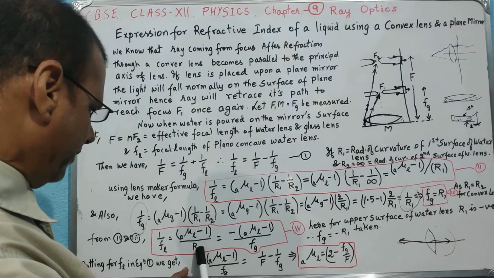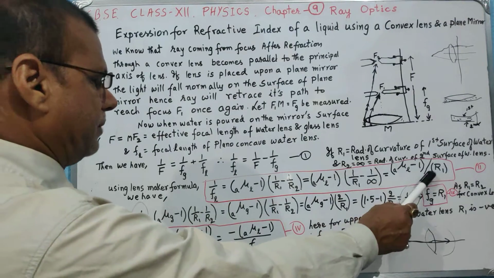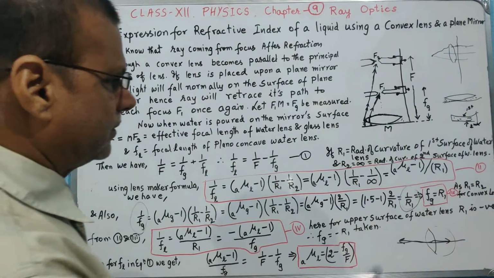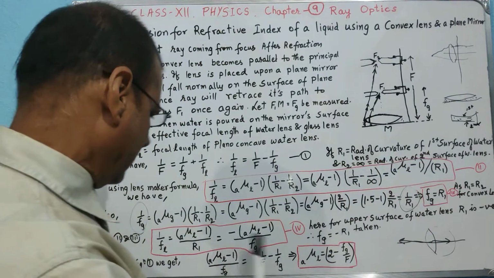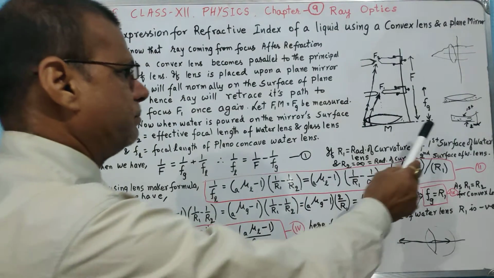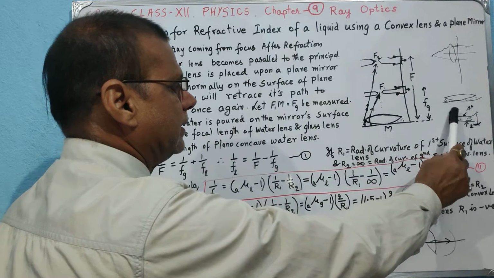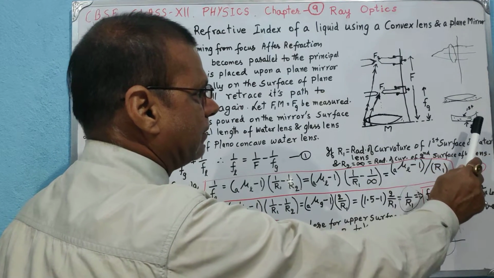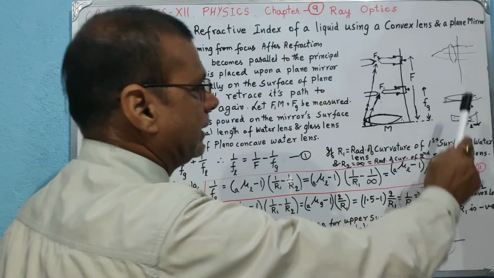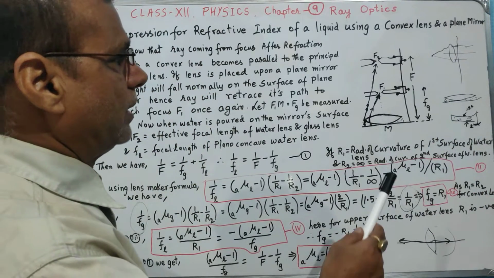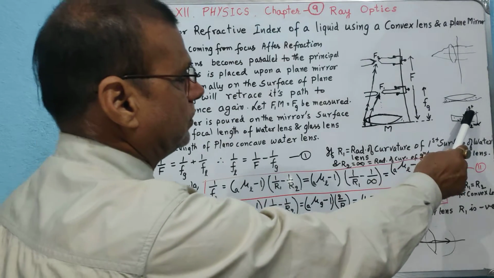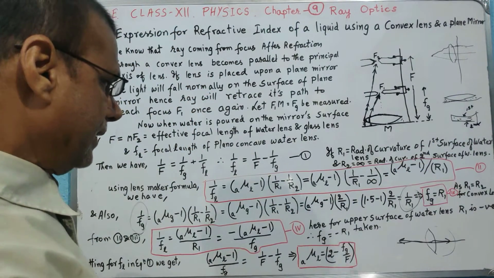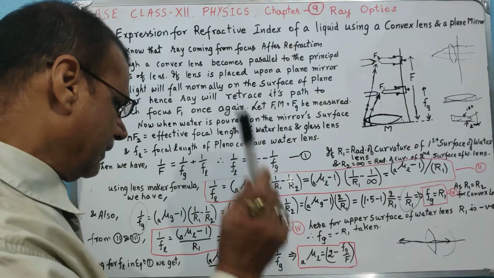And for the plano-concave lens, this upper first surface of the lens will be negative, because you have the concave surface, and so you get a minus sign using the sign convention.